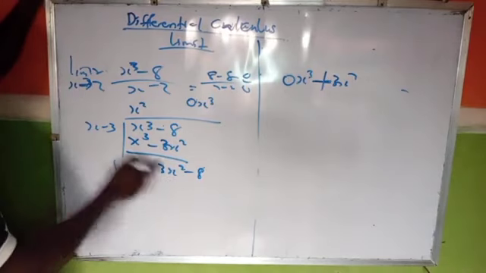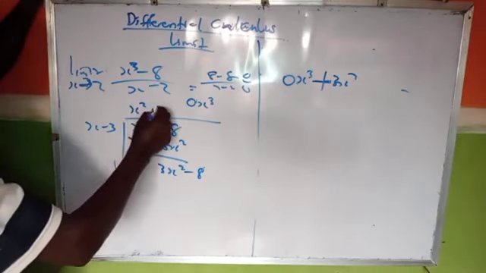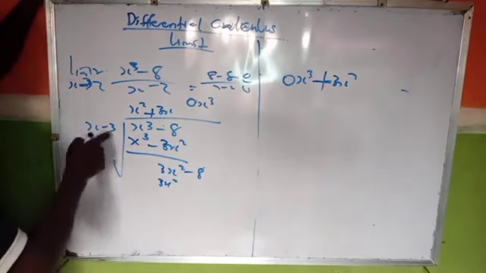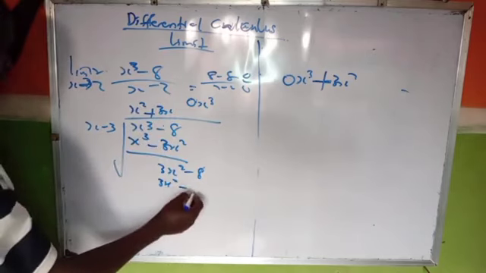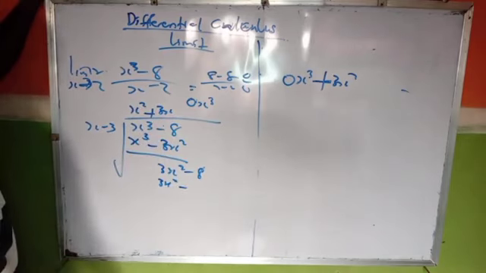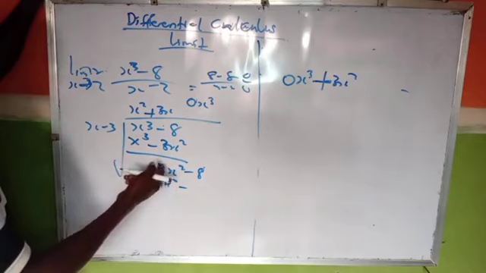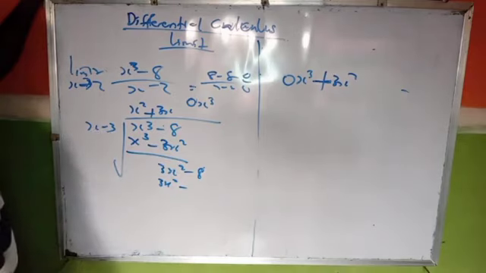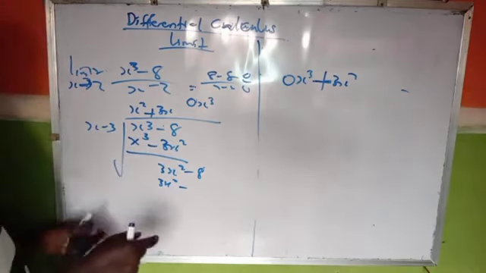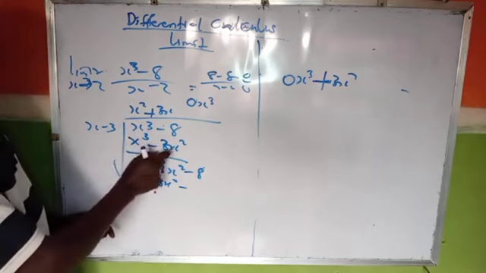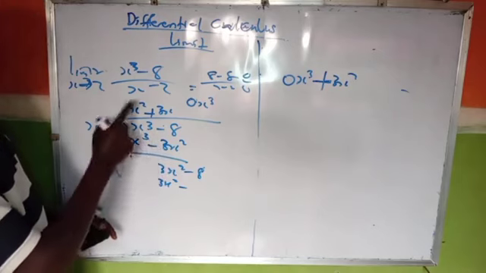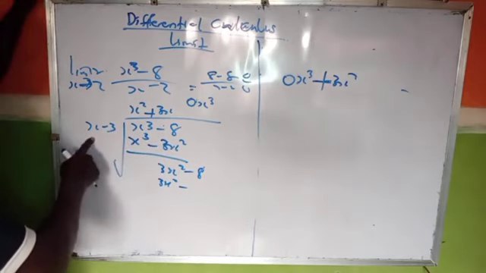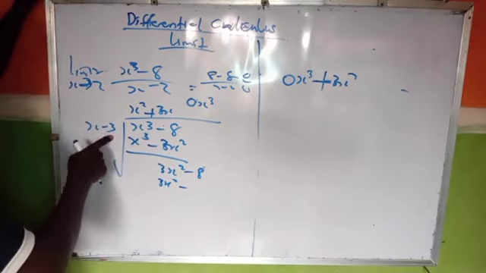Then look again. This divided by this. What are you going to have? You have 2x. Then you multiply it again. 2 times 2, you have 4x. This multiplied by this, you will have... Okay, it is 2.